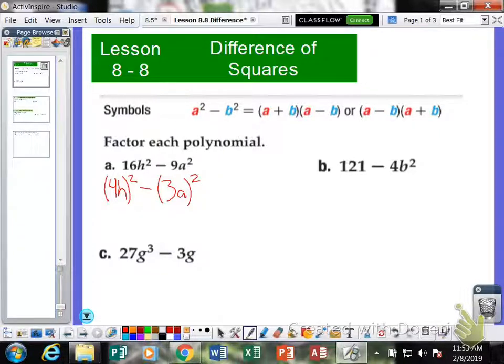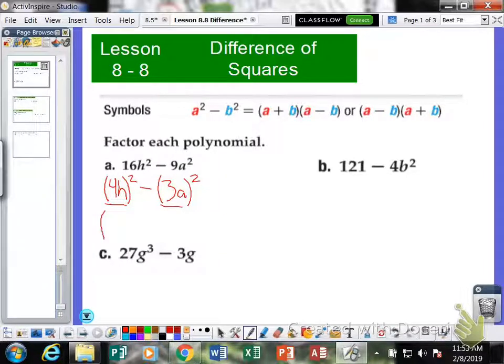So that's good. Now, to write it in its final factored form, we're just going to take our terms inside both of these parentheses and follow our formula that we have up top. So a plus b, a minus b, or a minus b and a plus b.